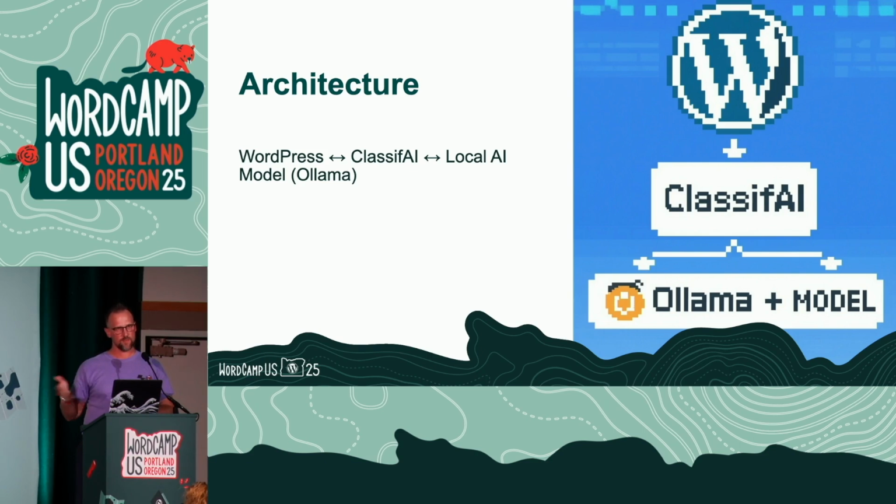And then the model there does its thing, runs on your device, and returns that response back to ClassifAI, presents it, in this case, in the editor, and shows you that excerpt, right? That is WordPress through ClassifAI out to the service provider, in the case today Ollama, and then back up to display in WordPress. So that all generally is privacy by design, right? Your data does not leave your laptop unless you choose to connect to an external provider, a cloud-based API.